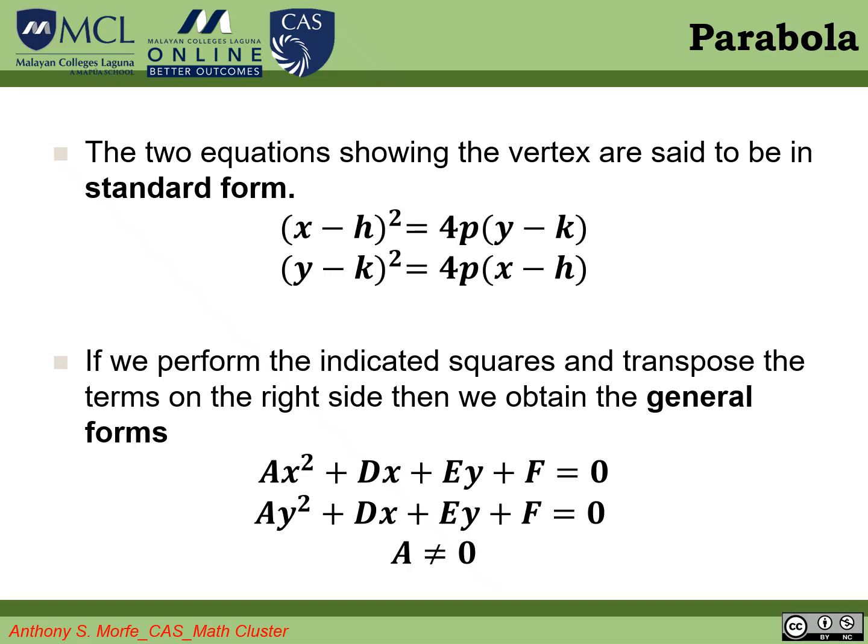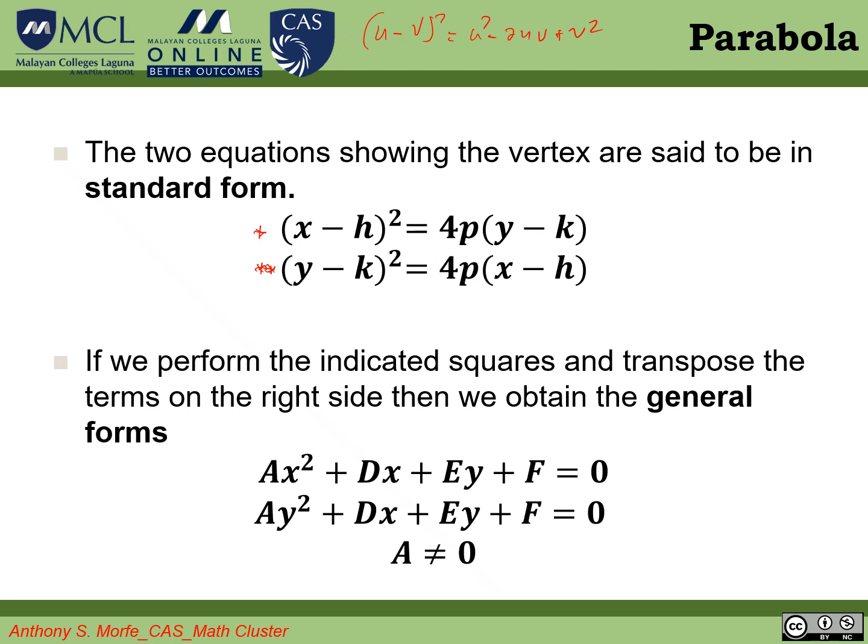So what does it mean? It means, class, that we have two formulas, right? We have this one and this one. So if we do this operation, class, this is u squared minus 2uv plus v squared.